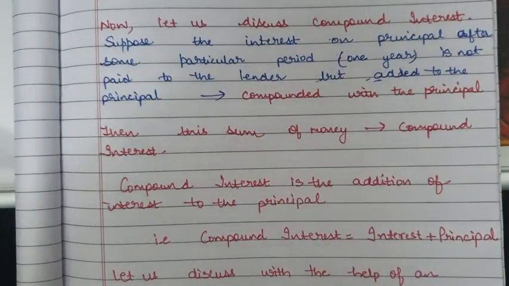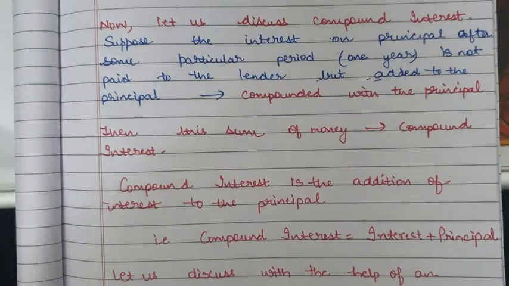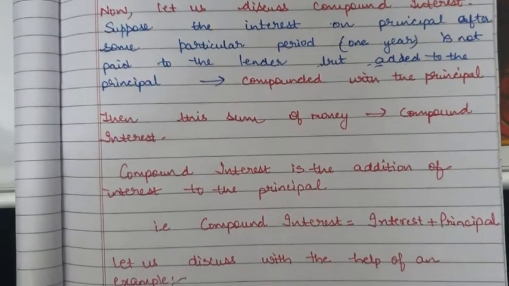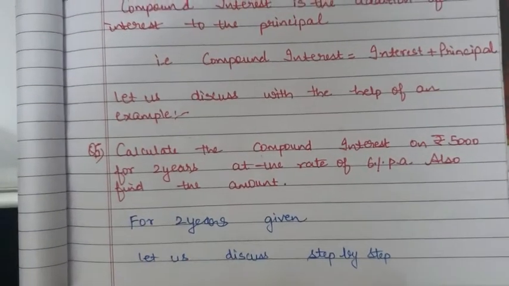As I told you right now, after every year the interest will be added to the principal, and that amount will become the principal for the next year. Clear? Now let us discuss an example. It will be more clear to you.